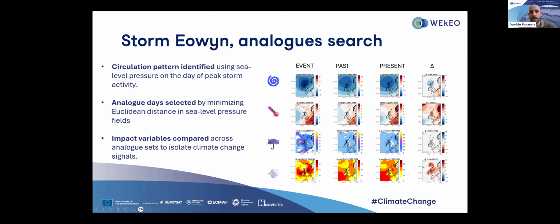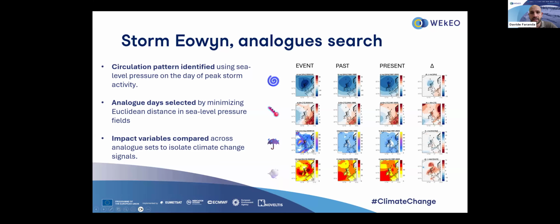And we also see that there is a positive pressure anomaly over continental Europe, and therefore we have a stronger dipole of pressure. So let's see what this implies in terms of temperature. First, we can see the temperature during Eowyn, still this left plot.